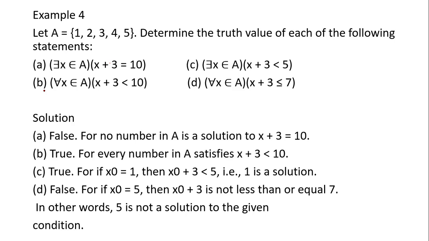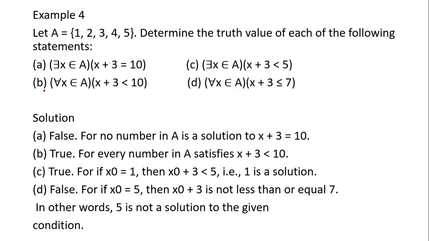So all of them satisfy the condition. Therefore, it is a true statement. It is true for every number in A, x plus 3 is less than 10. Therefore, it is true. So it is valid. I hope everybody can see it that way, because it's very, very simple.